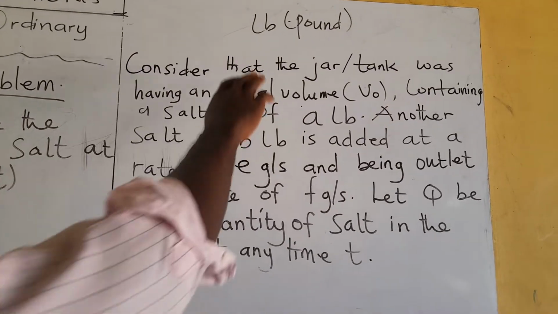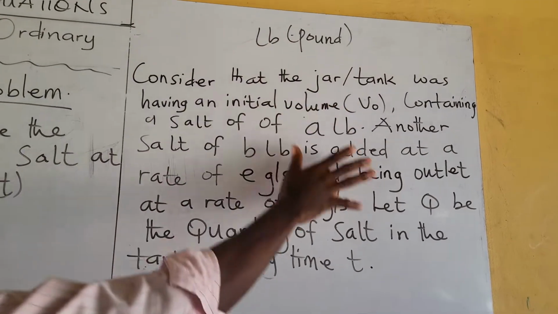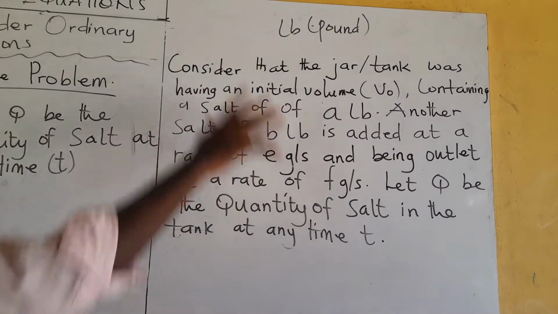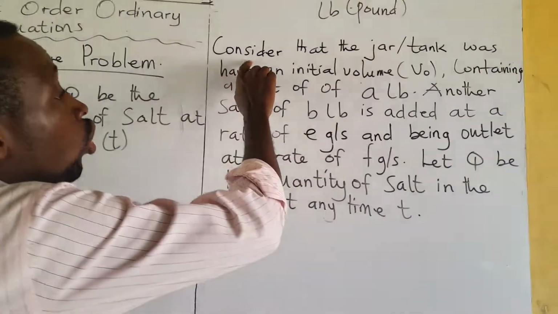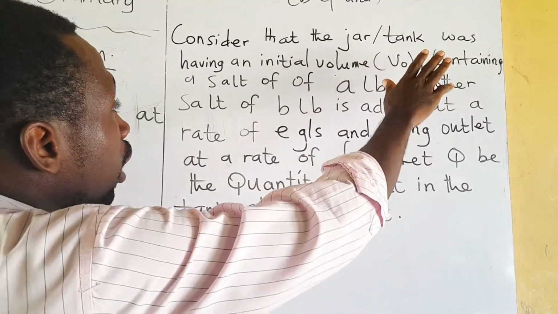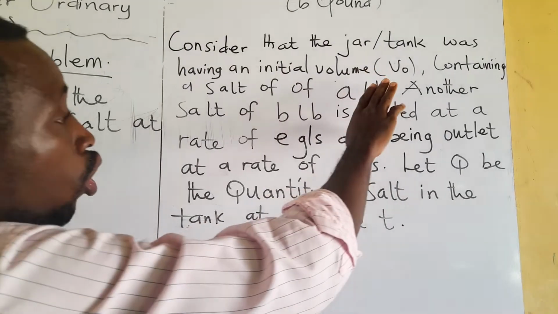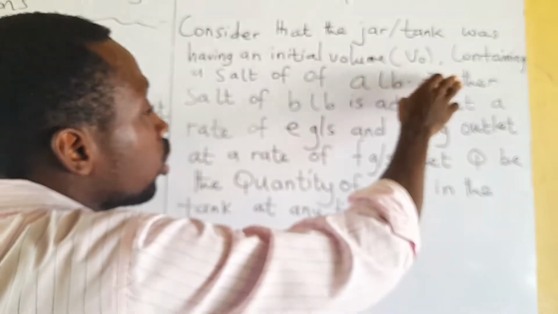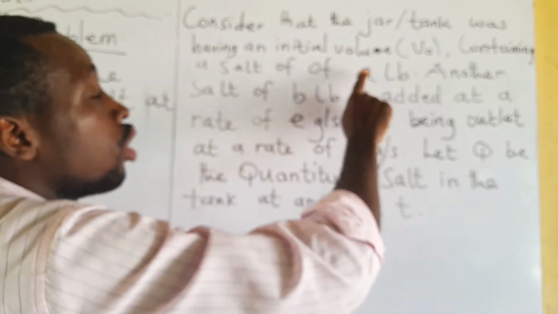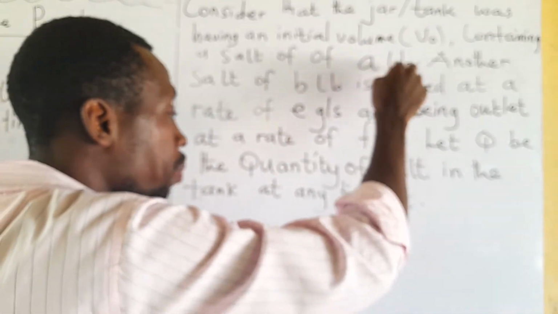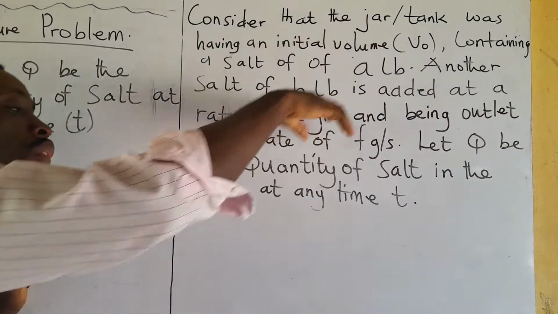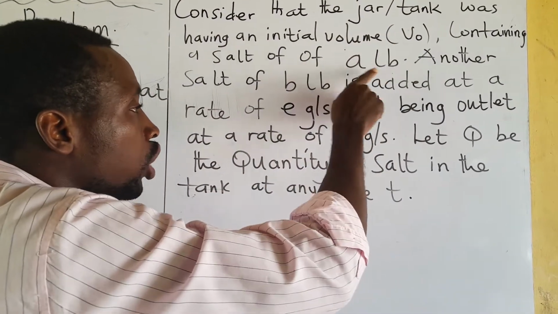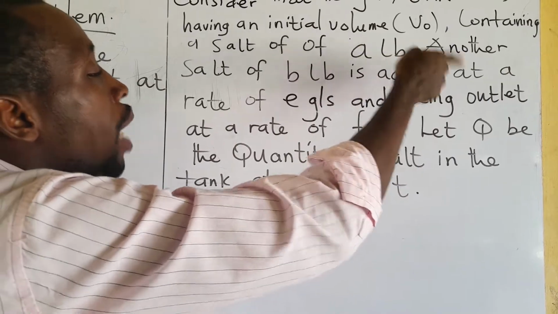So let's say that LB in this stands for pound. The LB is the standard unit for pound. Let's consider a jar or a tank having an initial volume of solution, maybe V naught, containing salt of A pounds. So we have a tank with an initial volume of a solution and the salt in that solution is A pounds.